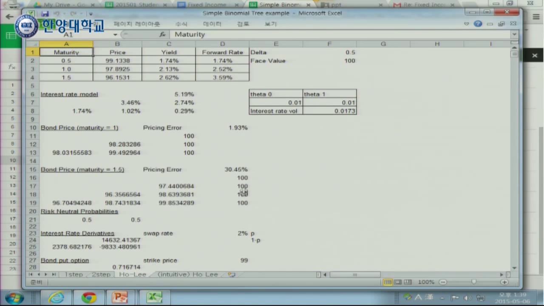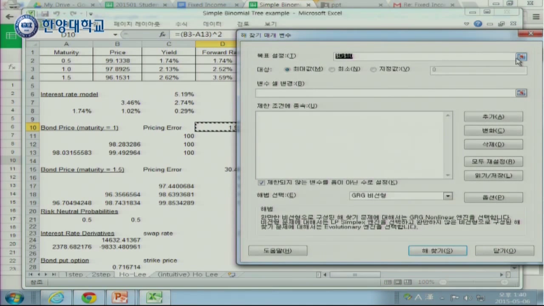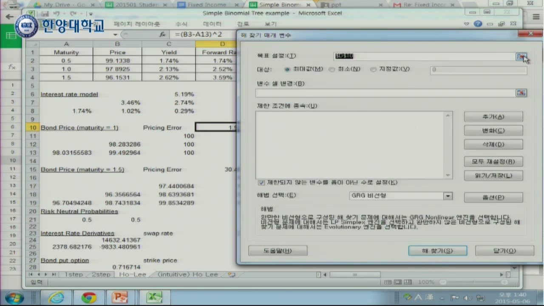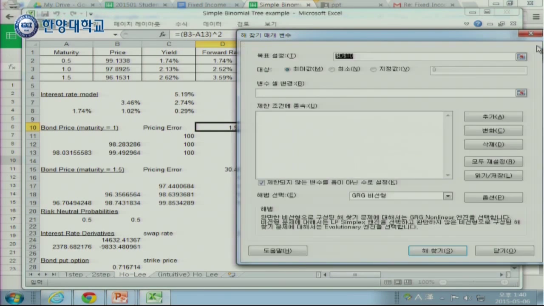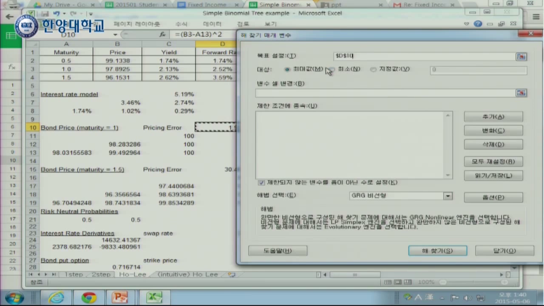But anyway, now I have the data and the solver, and where is our target? So what is our target? 여기서 뭐가 돼야 돼? 여기 타겟 목표 설정이 뭐야? Pricing error. And then minimize. 변수 셀 변경. 어느 거?